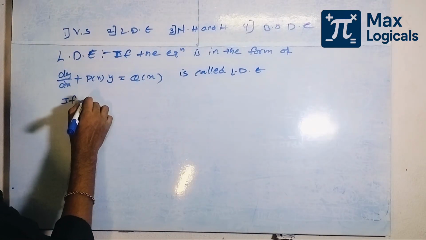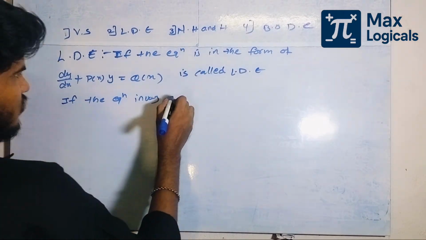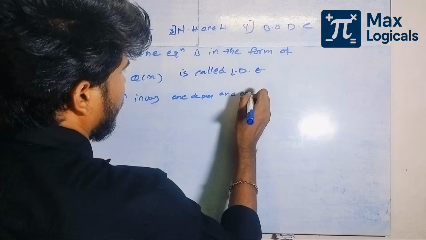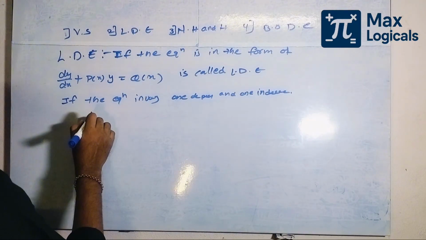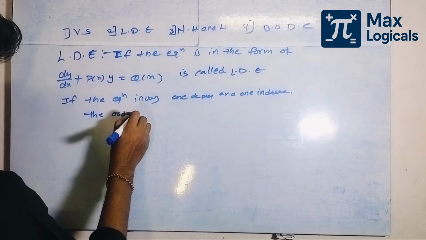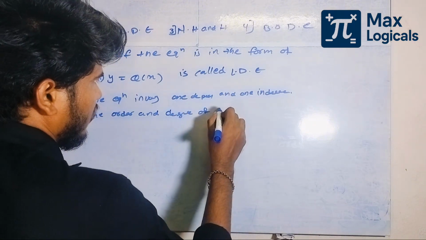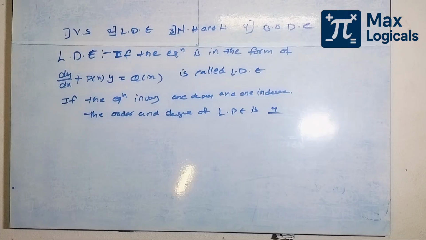The equation involves one dependent variable and one independent variable, and the order and degree of the LDE is 1. This is the linear differential equation.